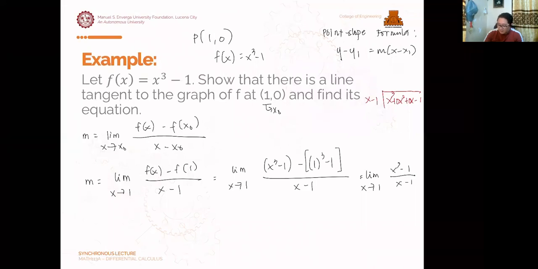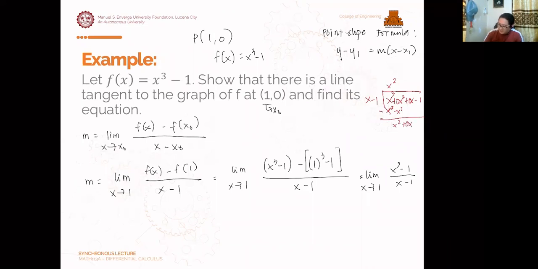So para magka-x cubed, kailangan multiply natin by x squared. So this will be x cubed minus x squared. Then minus natin. This will be positive x squared. Tapos bring down yung 0x.